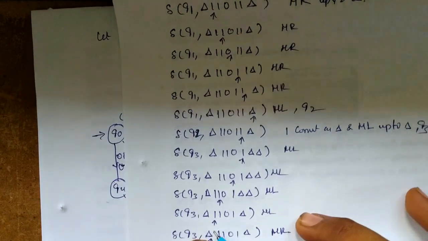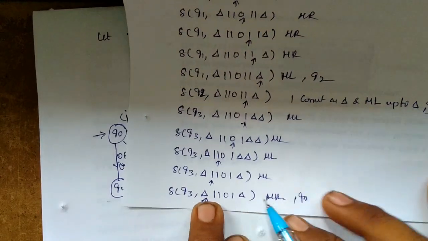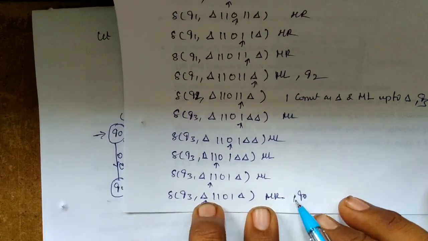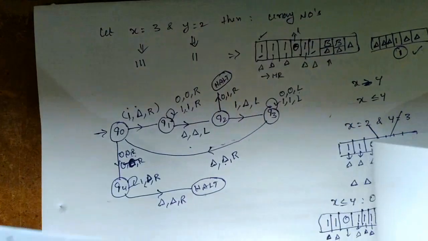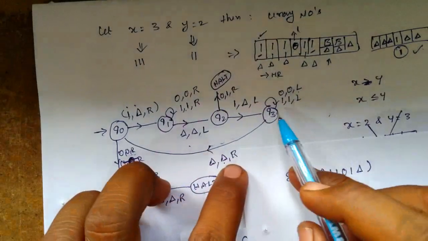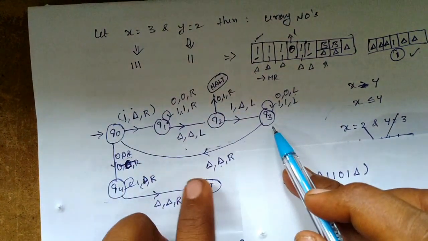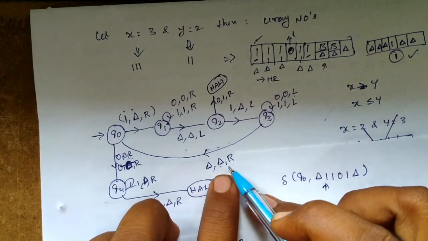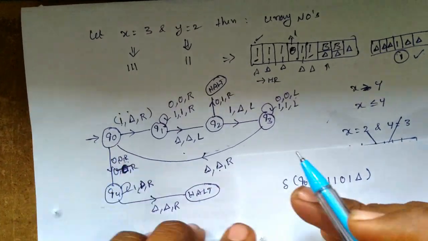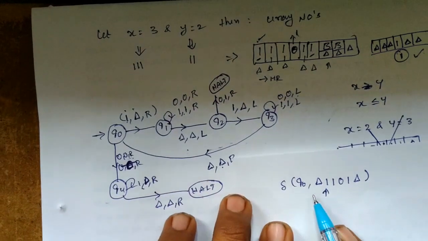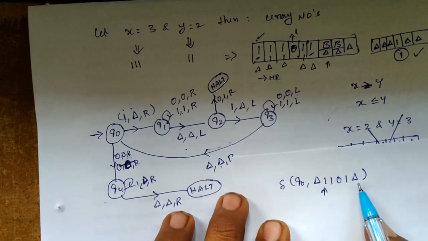The current state is Q3, the input is del, so move right and go to Q0. The output symbol is the same, no change, and move right and go to Q0. So now we are at Q0, with tape del 1101 del.